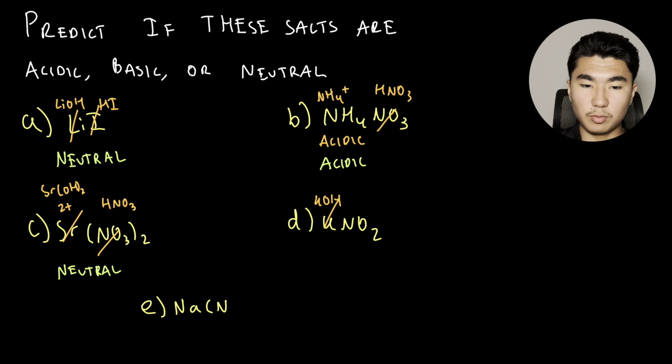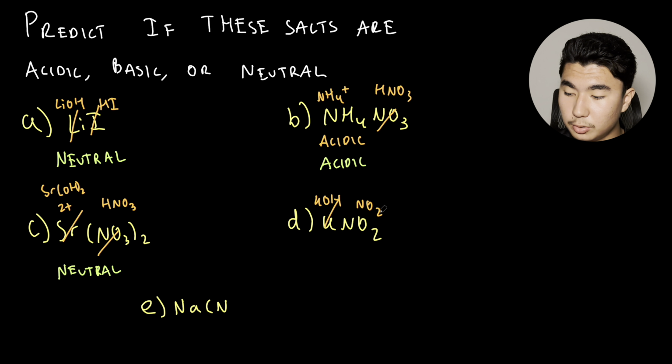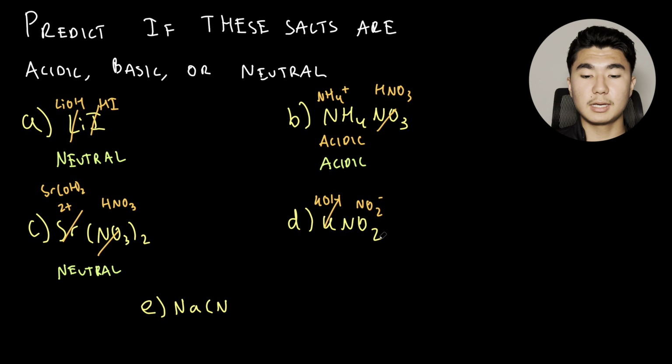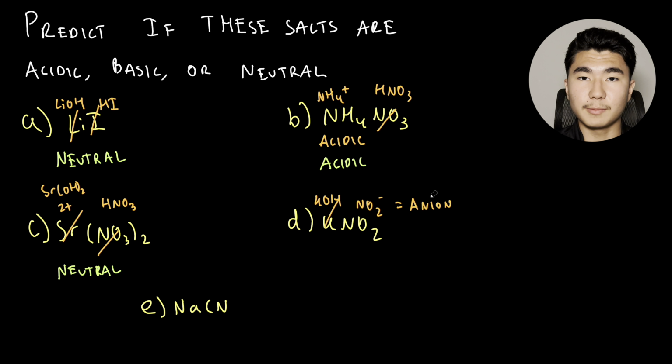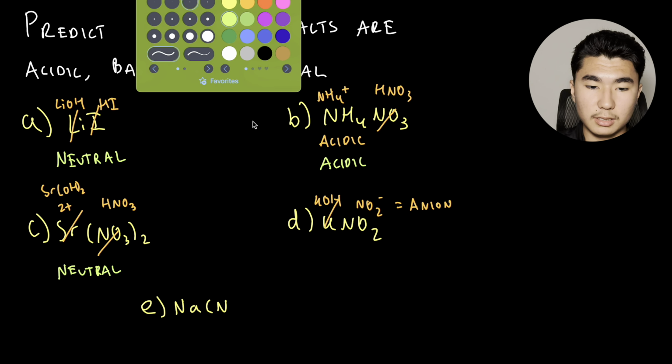Now, if we write this as an ion by itself, this will be NO2 minus. And since we have a negative charge, that is an anion. Same thing over here, because we assumed it was a positive charge, so we put it a cation, and we talked about anions. You could assume that it's basic. If you have an anion, then it's going to turn to a basic solution, so this is going to be basic.